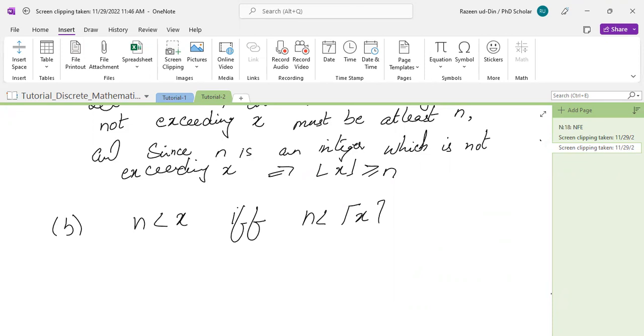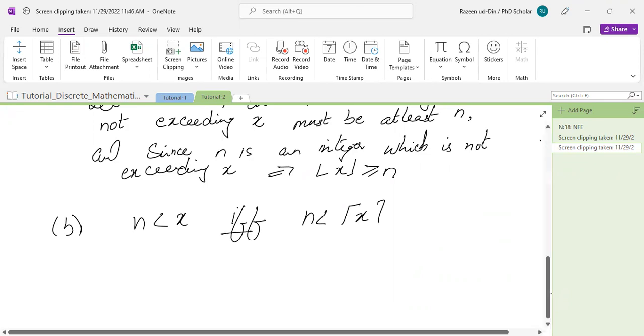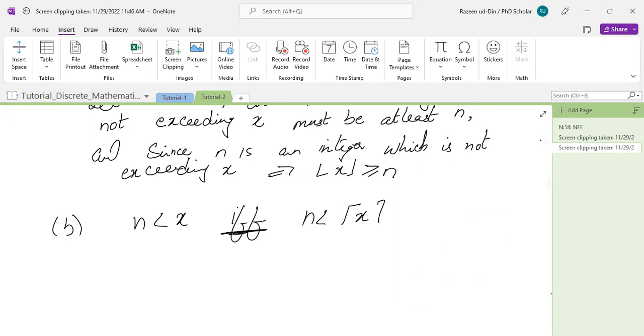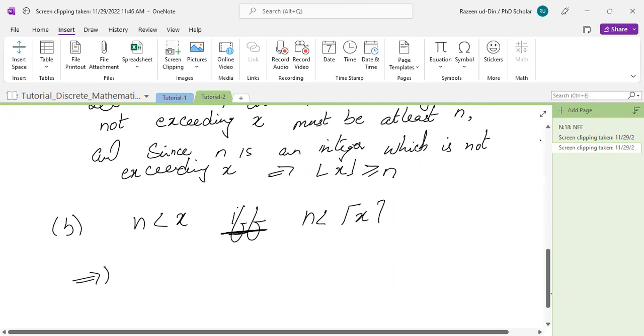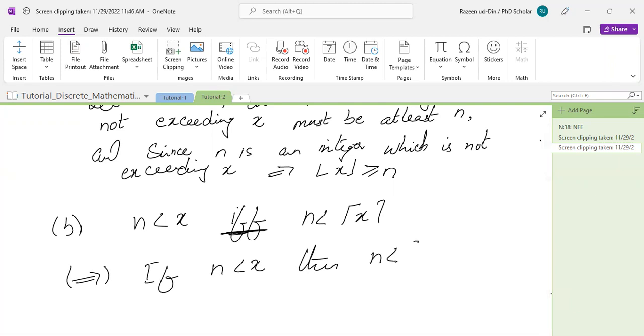Again, the statement comes with an if and only if, so we have to prove it in both ways. The first, take the forward way, i.e. if n is less than x, then n is less than ceiling of x.